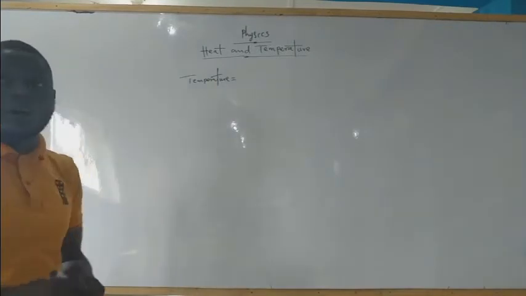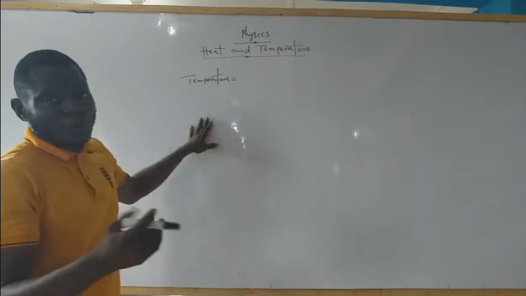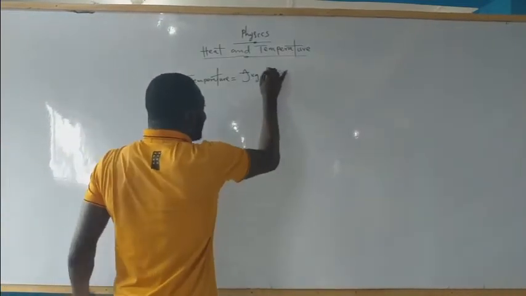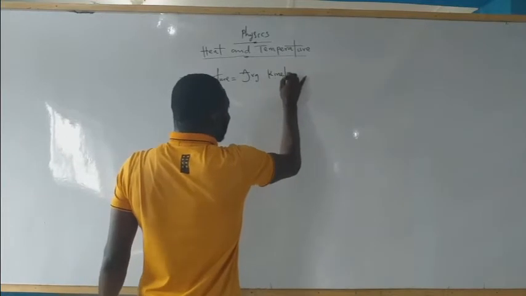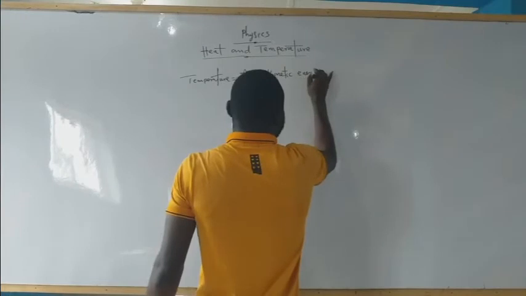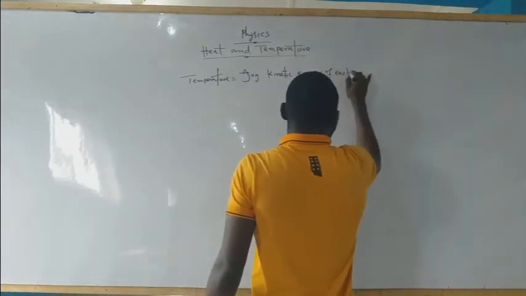So temperature is the degree of hotness and coldness of a body. Or you can say temperature is the average kinetic energy of each molecule.